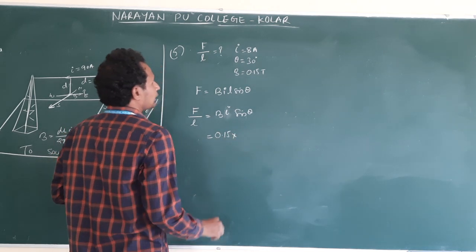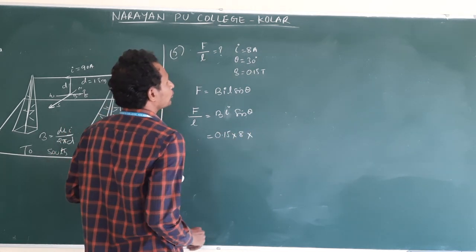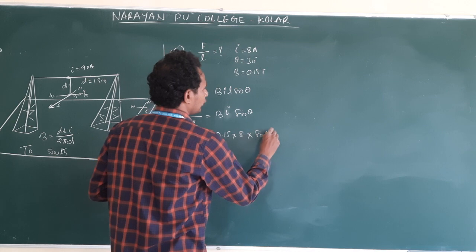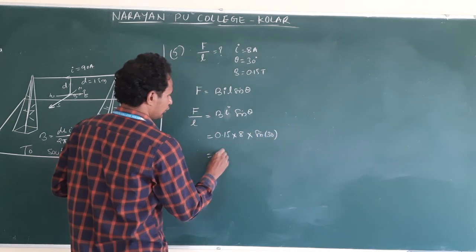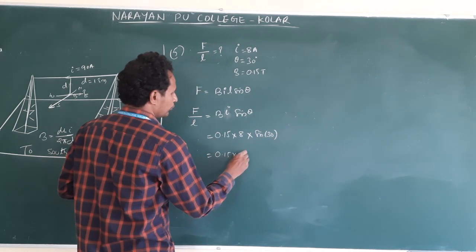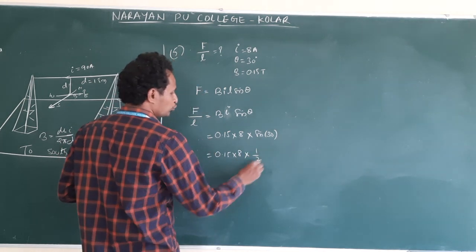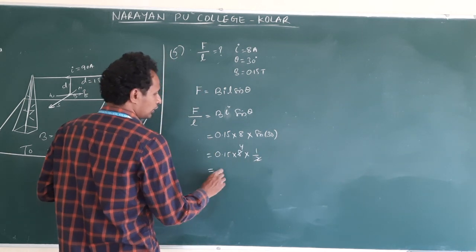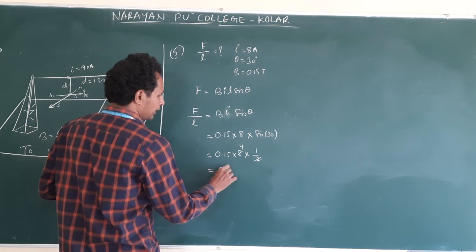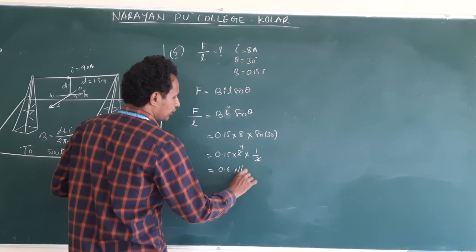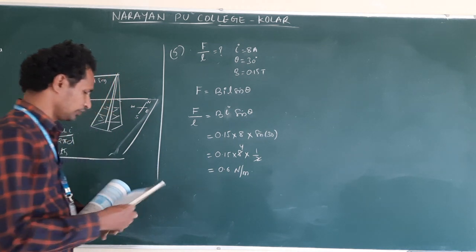Now substitute the values. 0.15 into current 8 into sin 30 degrees. 0.15 into 8 into sin 30. 1 by 2, 2 ones, 2 fours. This is 0.6 Newton per meter.